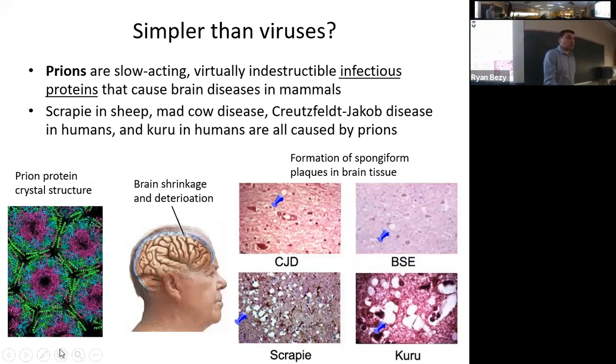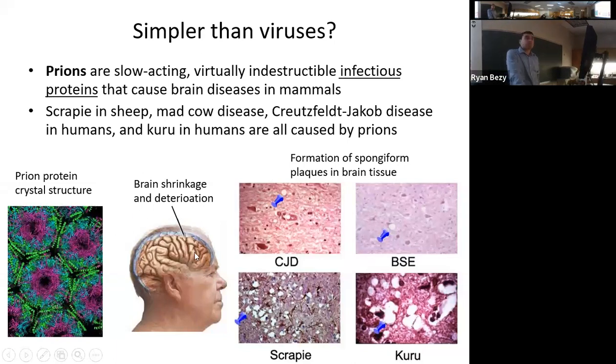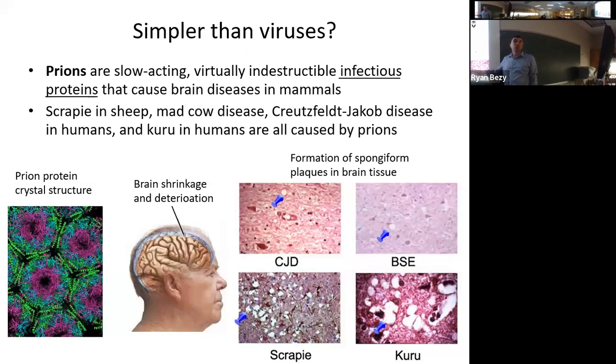And what they do is they cause brain tissue to shrink and deteriorate over time. So these blank open spots, this is some histological slides of brain tissue, should not have these open plaques. This basically is missing neurons in the brain that have been destroyed by the prion disease, and you get brain shrinkage and deterioration over time.